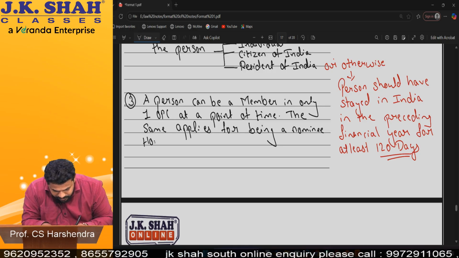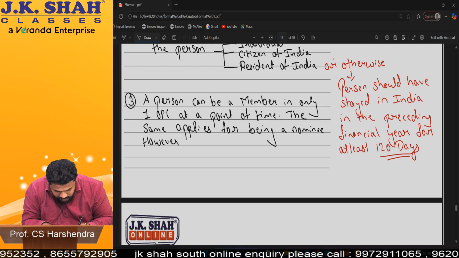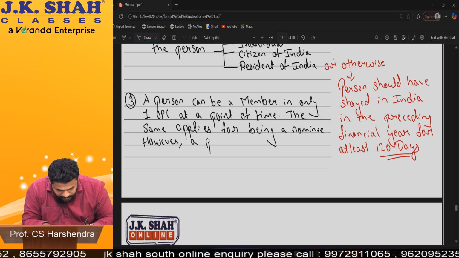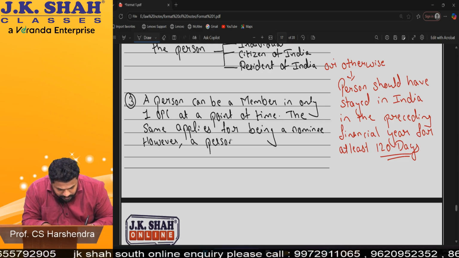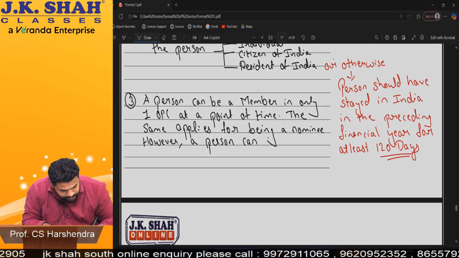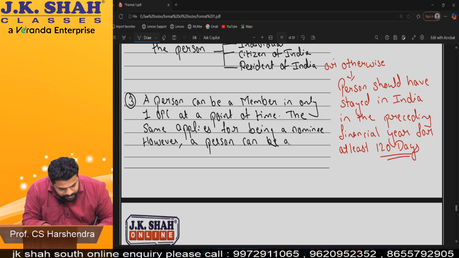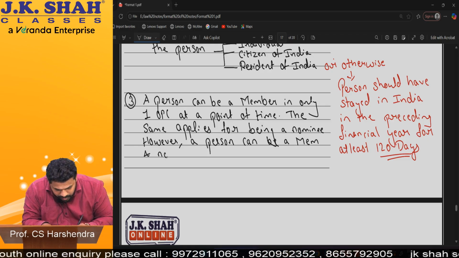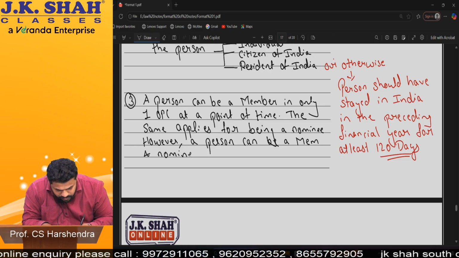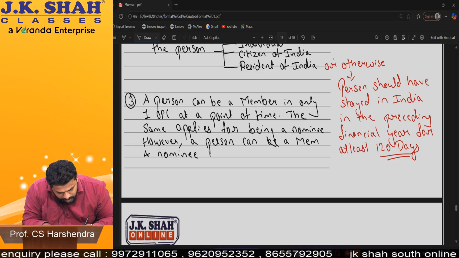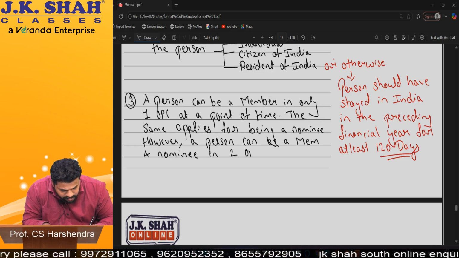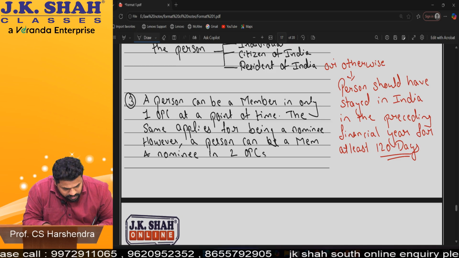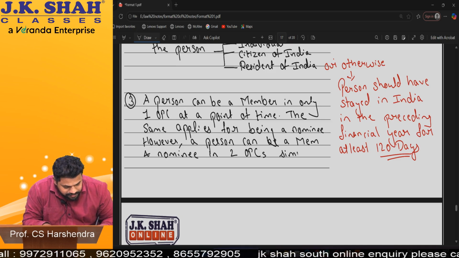However, a person can be a member and nominee in 2 OPCs simultaneously.